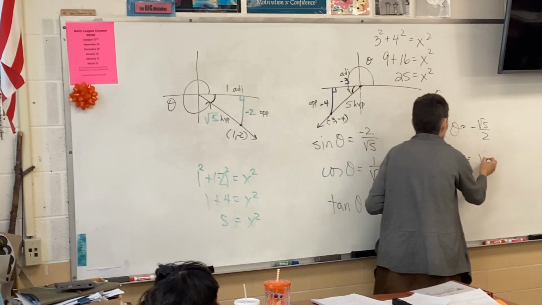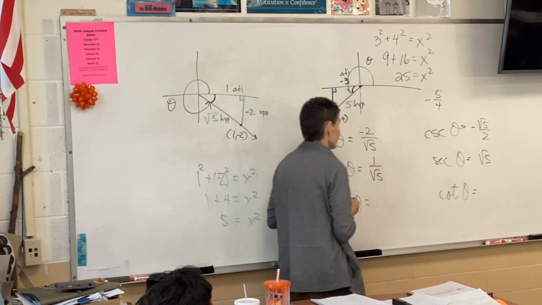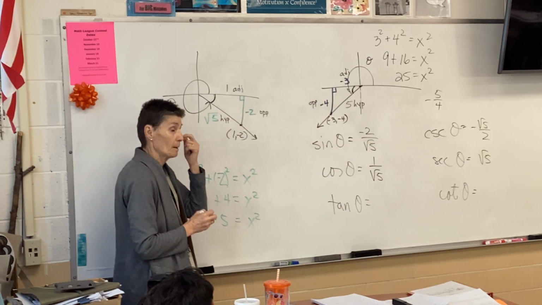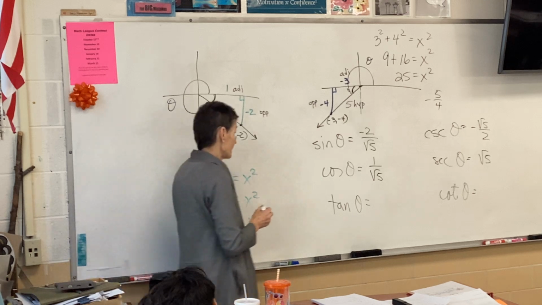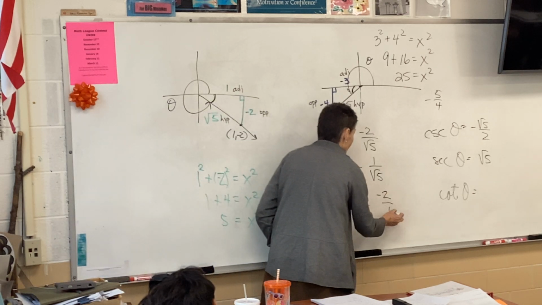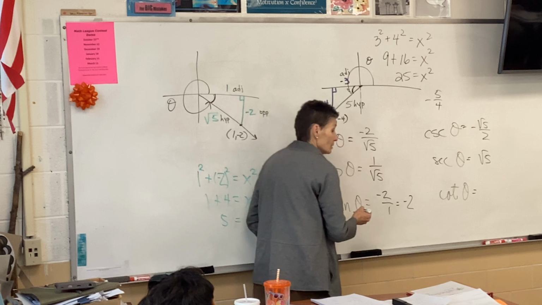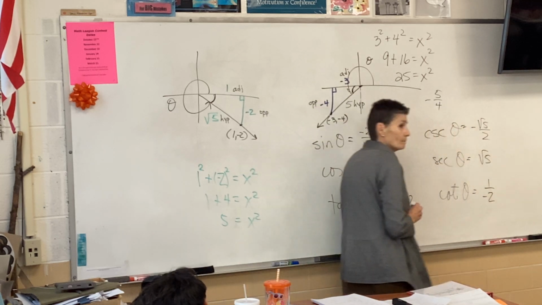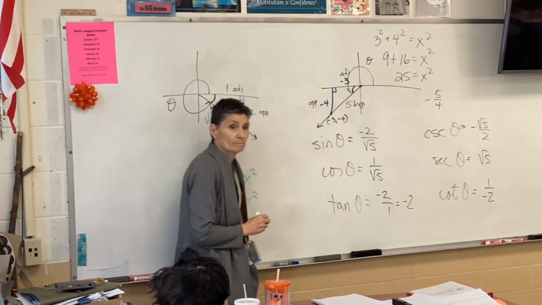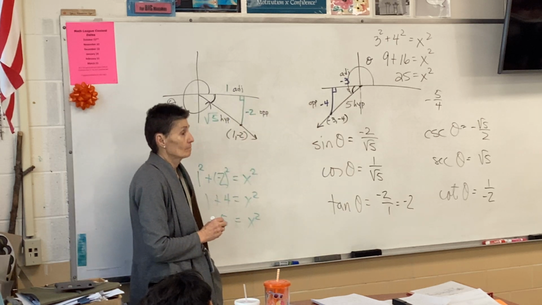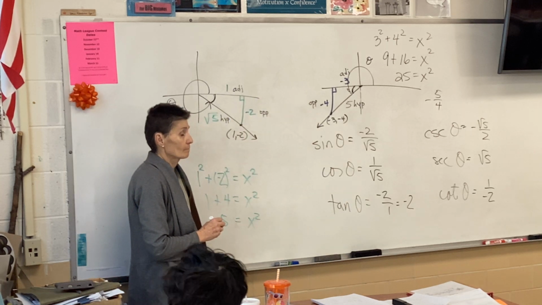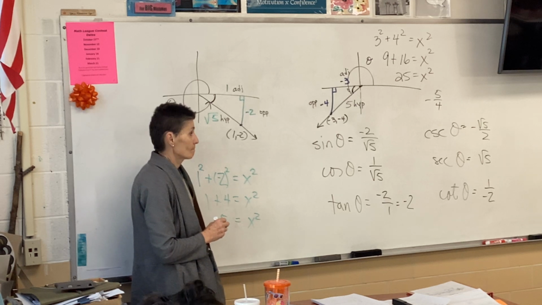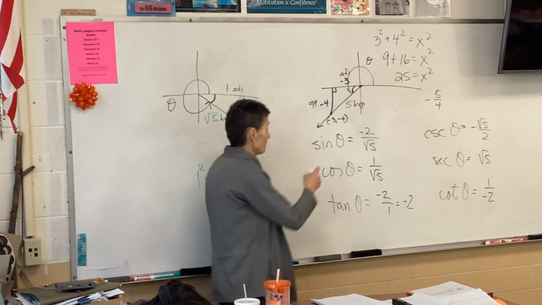So this one's square root of 5 over 1. And how about my tangent? What's my tangent? Negative 2 over 1, which is just negative 2. And the cotangent is 1 over negative 2. And then we'll fix these.